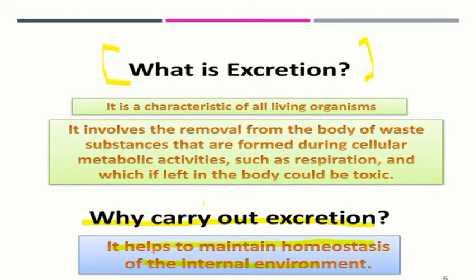You cannot change your body temperature as per the temperature of the environment. Cold-blooded animals change according to the temperature, but we are warm-blooded animals, so we are homeostatic animals, and that is also a result of excretion.